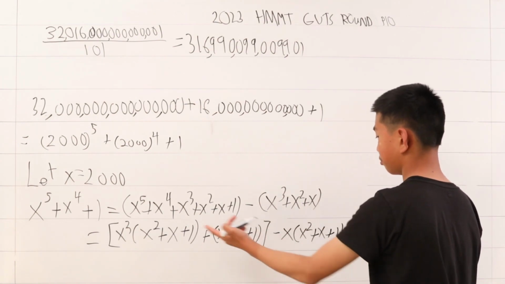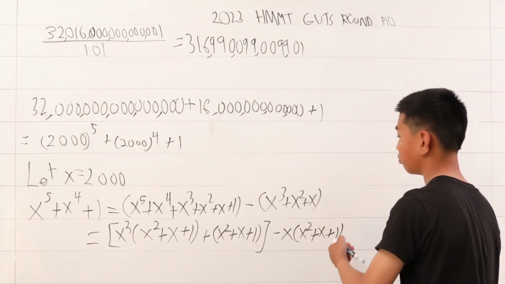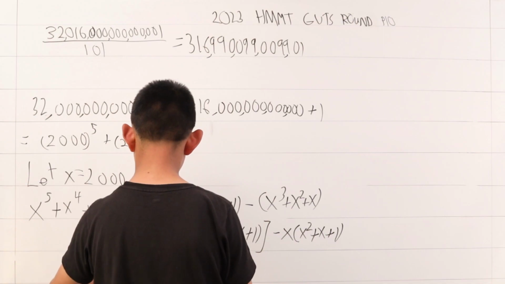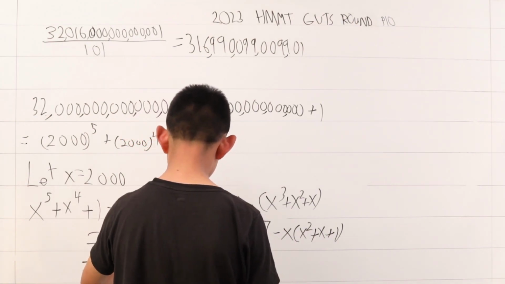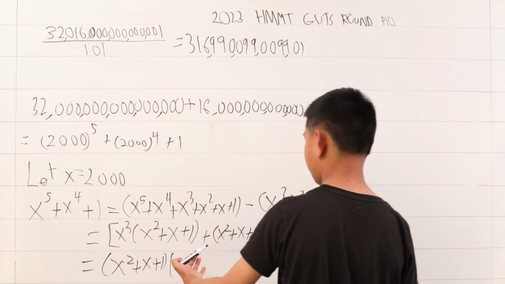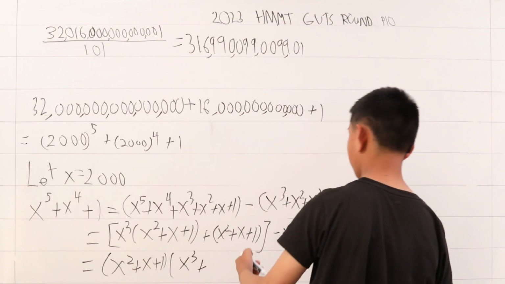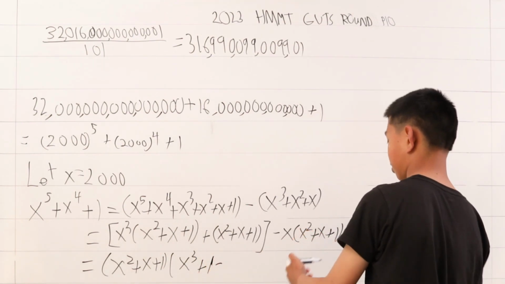Now we can remove the brackets and take out the common factor of x squared plus x plus 1. So this is now equal to x squared plus x plus 1 times, in the other parentheses, x cubed plus 1 from this, and you subtract an x.